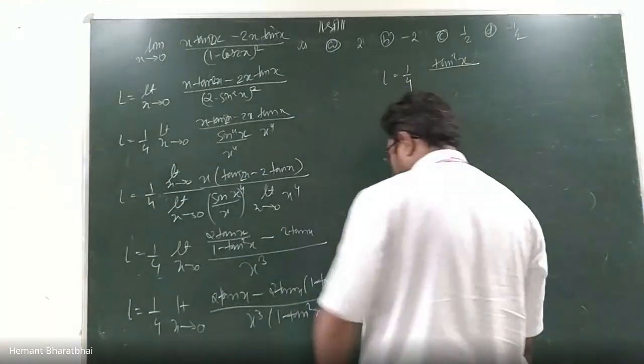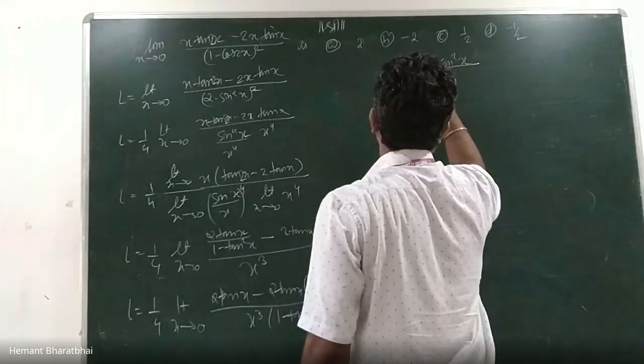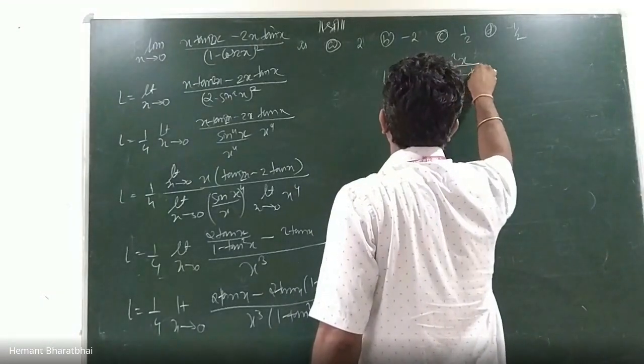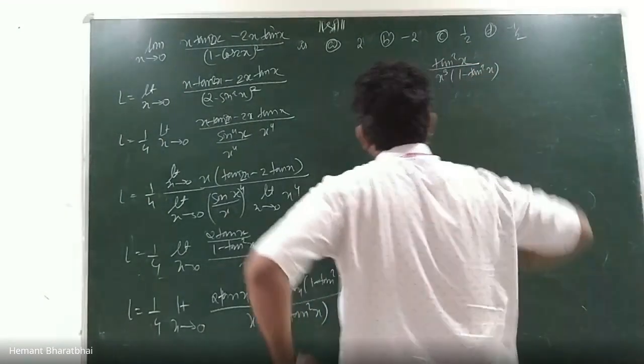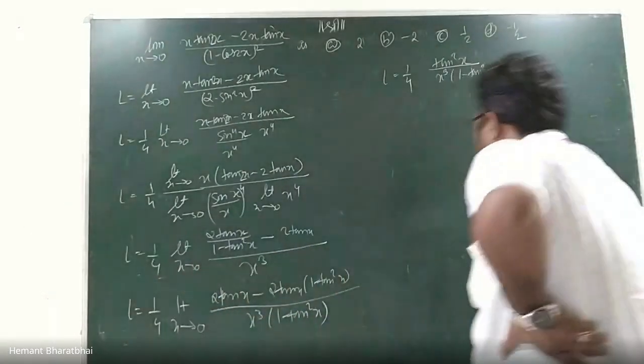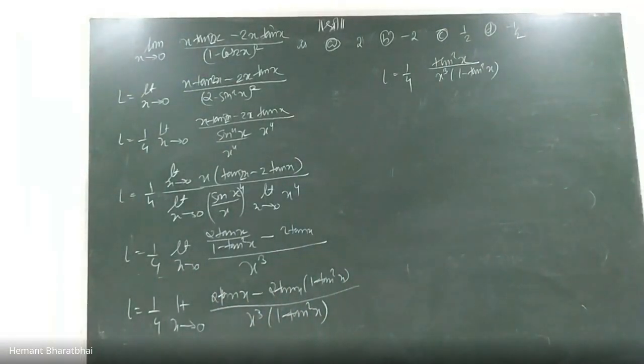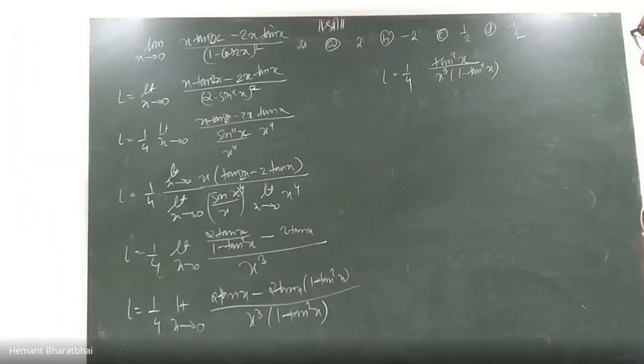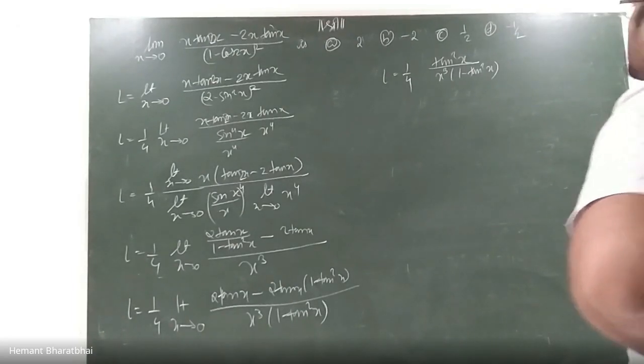That is tan square x upon x cube into 1 minus tan square x. Two tan x got cancelled. Two tan x into 1 minus tan square x, this 1 minus tan square x goes below.